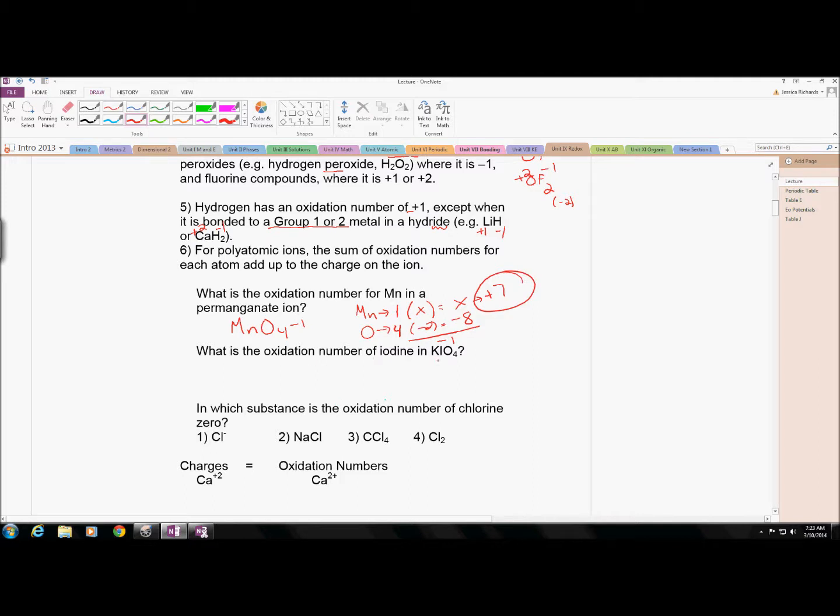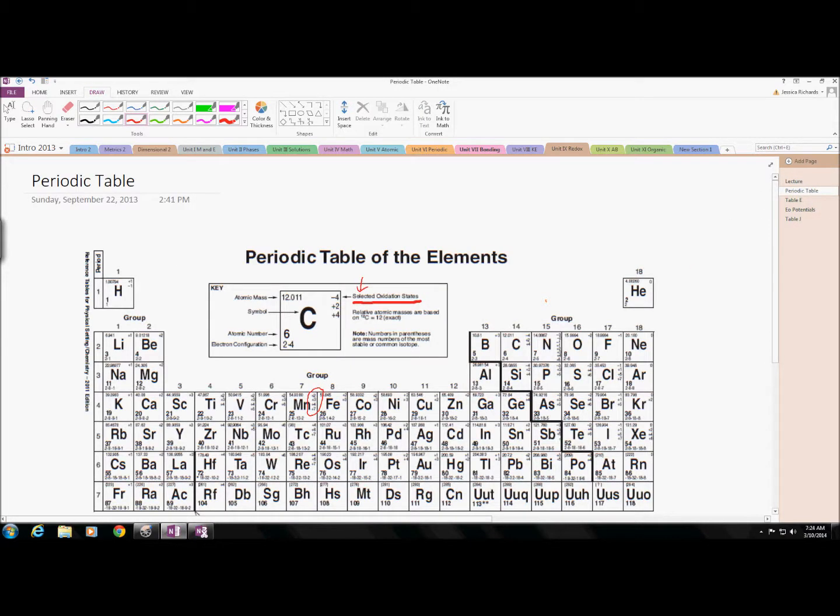You can do the same thing for a whole compound. They want to know the oxidation number of iodine in potassium periodate, KIO4. There's 1 potassium, in group 1, so it must be +1. There is 1 iodine. If we look on the periodic table down here in group 17, it has a number of choices.